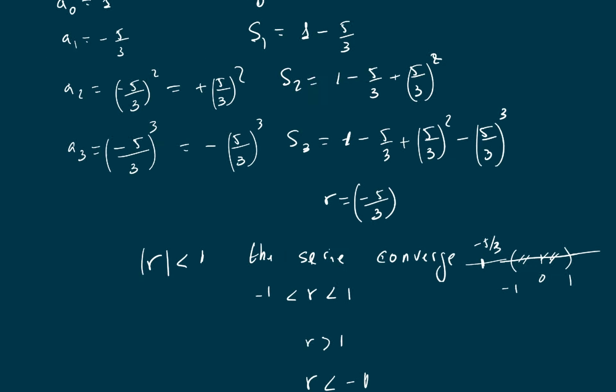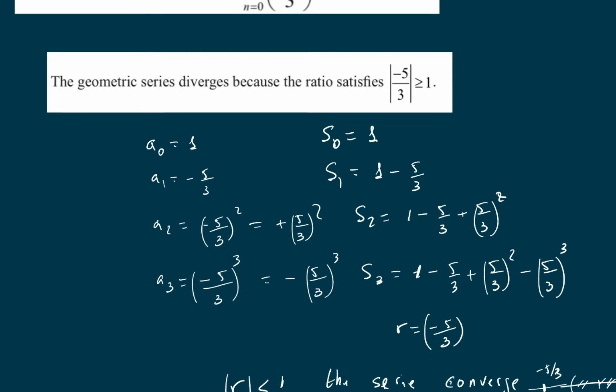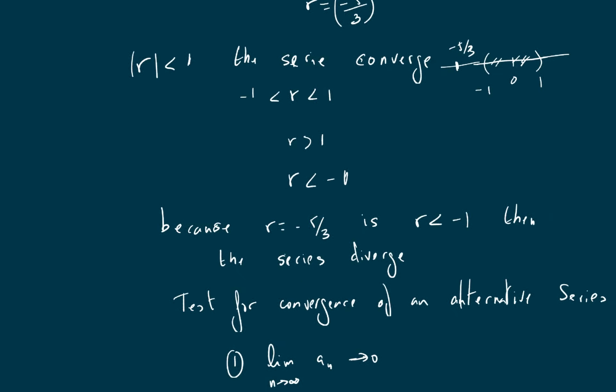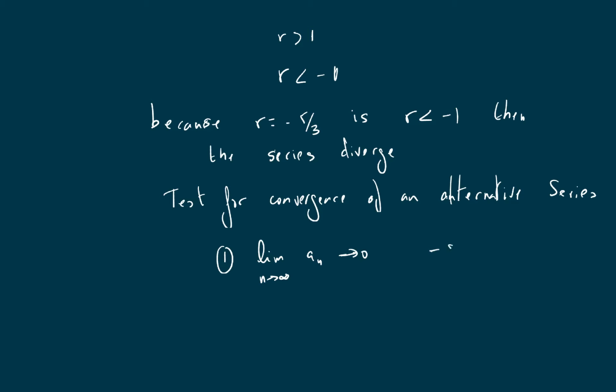A sub n is minus 5 divided by 3 to the n, and this limit doesn't go to 0, because when n goes to infinity, this 5 divided by 3 to the n will go to infinity. And the second condition for an alternating series to converge is that a sub n plus 1 is smaller than a sub n. The terms are decreasing.